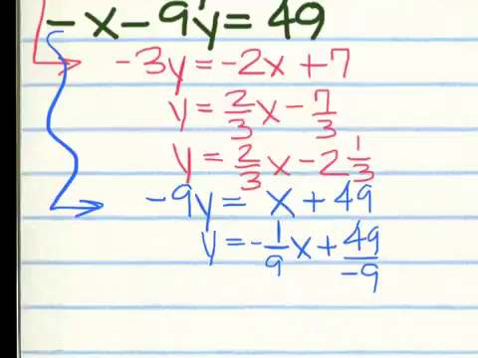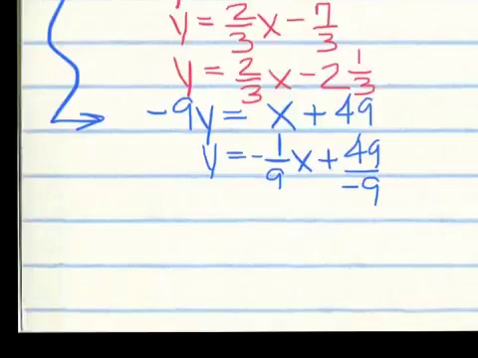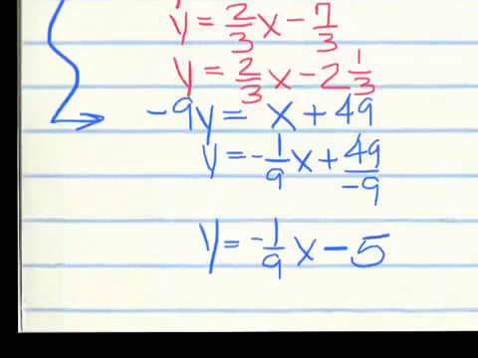And we have to simplify that a little bit. So the negative 1/9 is fine, but we have plus 49 over a negative 9. That's really minus. So we need to figure out how many times 9 goes into 49. It'll go in 5 times, and that's 45.